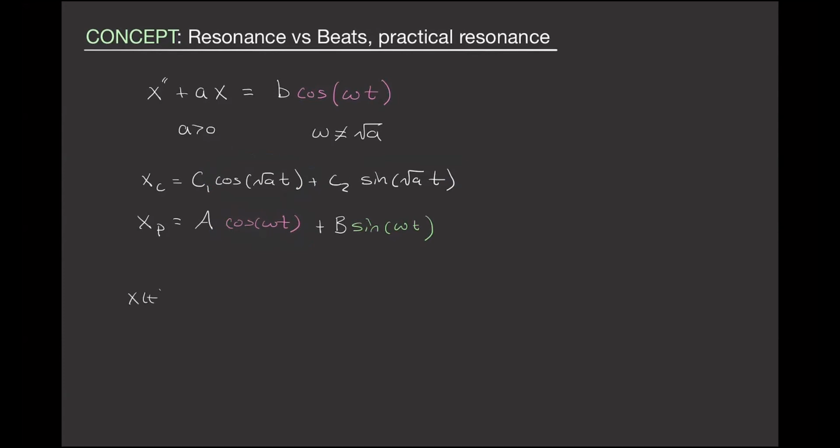You get x of t is equal to x sub c plus x sub p. And that will amount to having c1 cosine square root of a t plus c2 sine square root of a t.